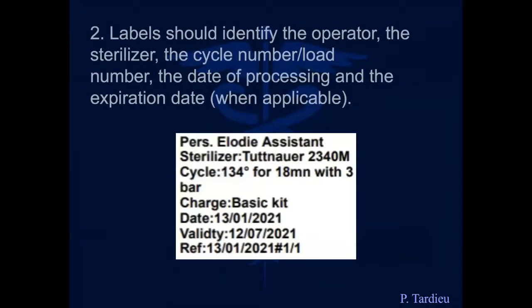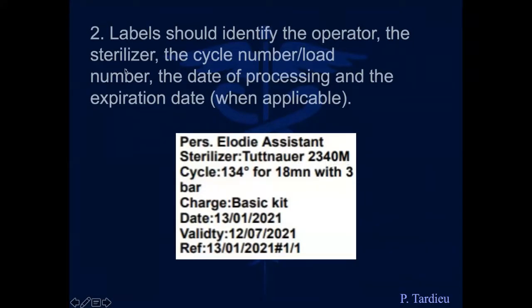Second, what we have from DHA: labels should identify the operator. The operator is the responsible personnel, the assistant in that case. So we identify the operator. We need to identify the sterilizer. The sterilizer in our case is Tuttnauer 2340M.